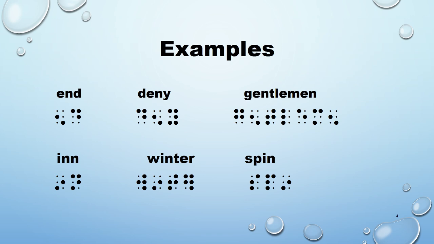And then you have the word spin, S-P-I-N. In is used at the end of the word spin. So take note of the contractions: the lower group sign en is composed of dots 2, 6, and in is composed of dots 3, 5.